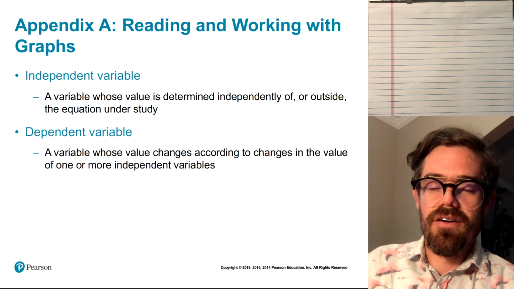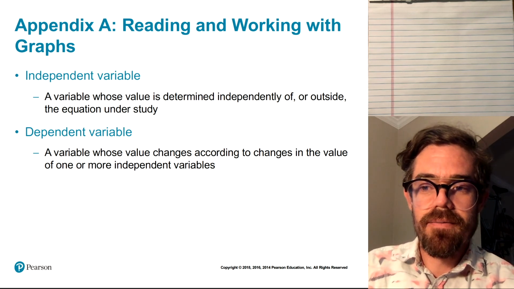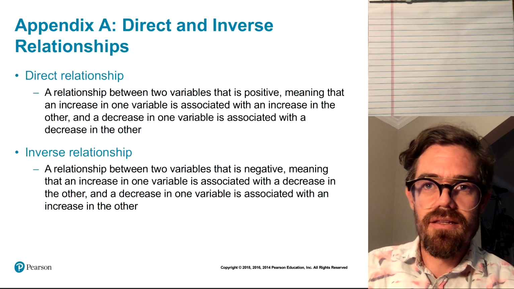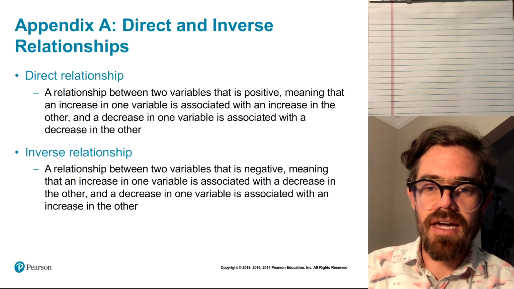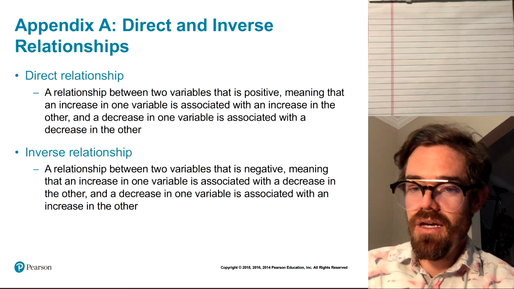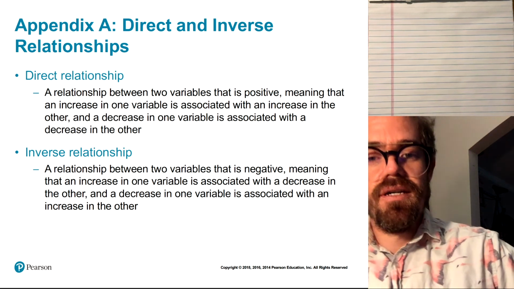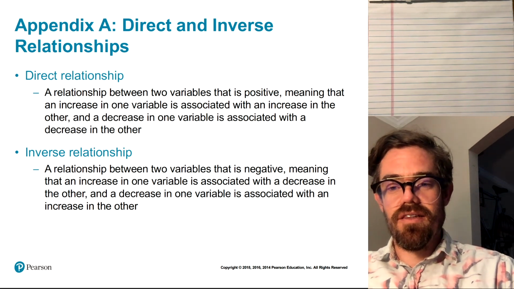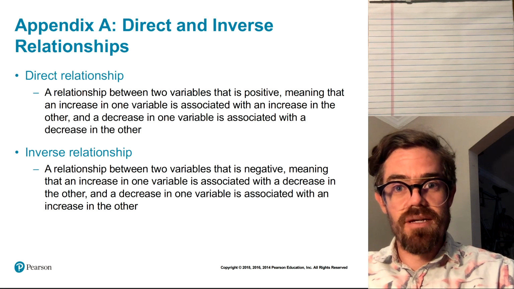Okay, now those two variables have what's called a direct relationship. A direct relationship basically means that the two variables move in the same direction.